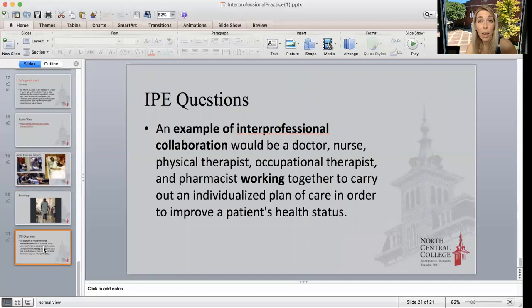But this is a great example of a real life scenario that requires interprofessional practice in order for Kevin to maximize his recovery and to really return to basketball. The fact that he was able to return so soon, being just 1 season out, shows that he had a great healthcare team that were really able to work together towards these shared goals.